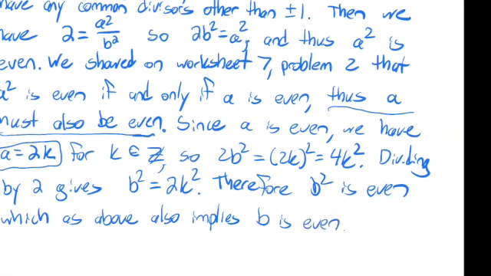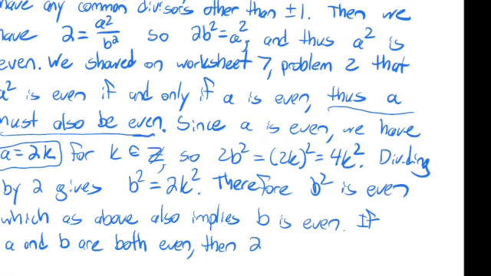Okay, and so I don't need to restate the same theorem, but we can say that therefore b squared is even, by the same logic that we just explained for a, we get that b is even. And so if a and b are both even, then we know that 2 divides a, and 2 is a divisor for b.